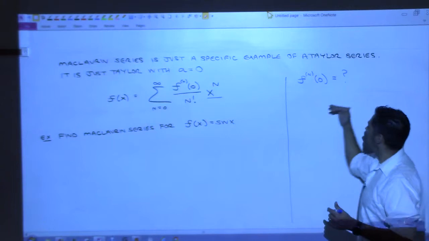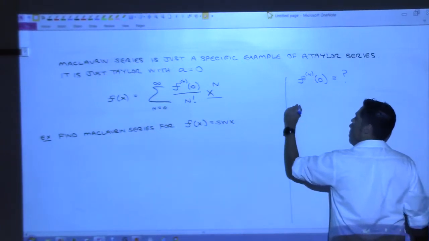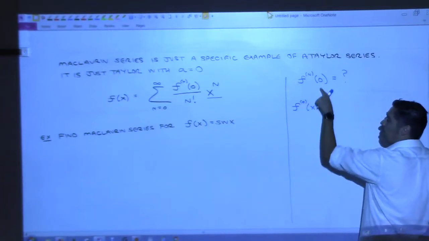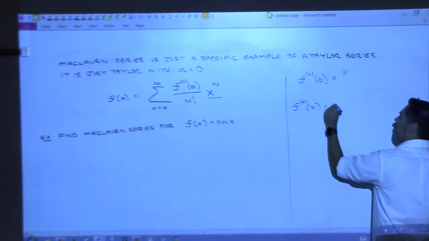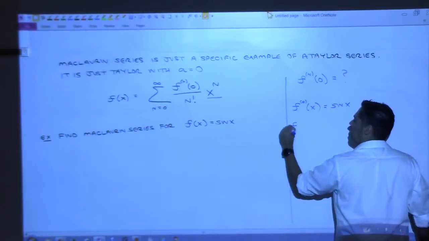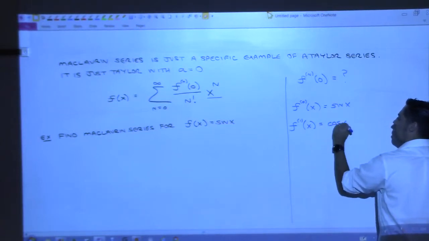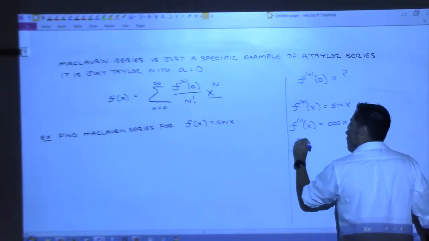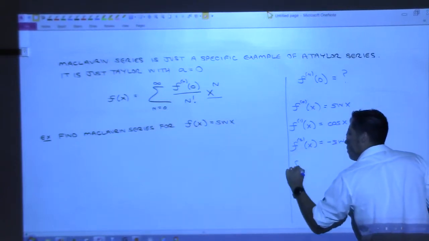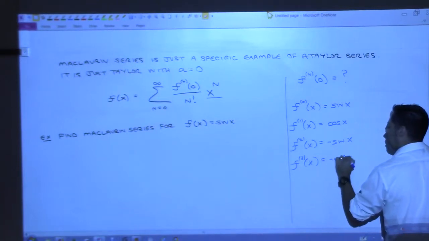Understand? So what I'm going to do over here is start listing out what the derivatives are first. So what is the 0th derivative of the function at x? Not at 0, but at x. Sine x, right? Okay. Now, what is the first derivative of the function? Cosine x. What is the second derivative? Negative sine x. What is the third derivative? Negative cosine x.